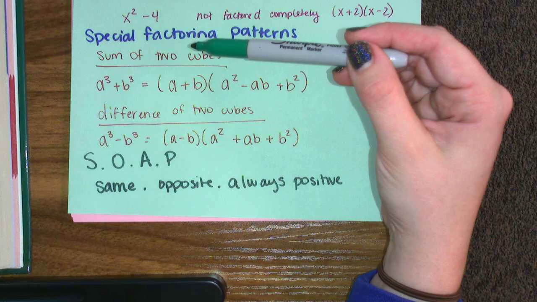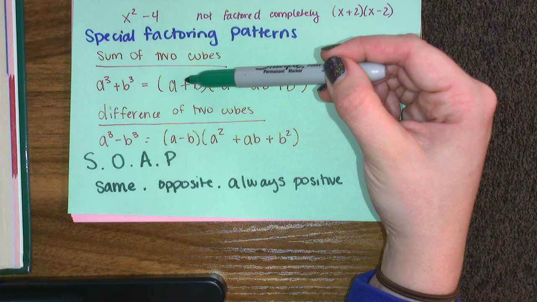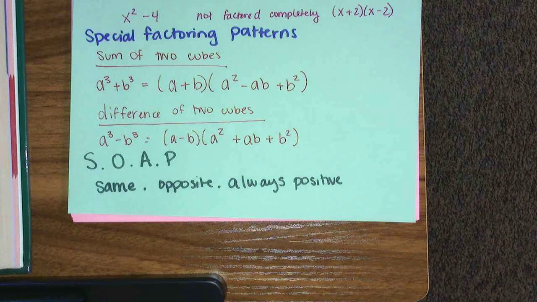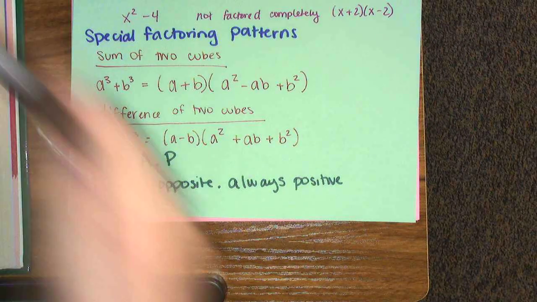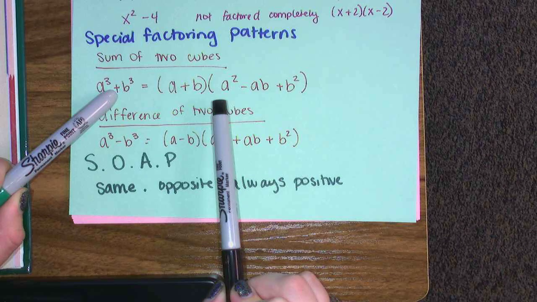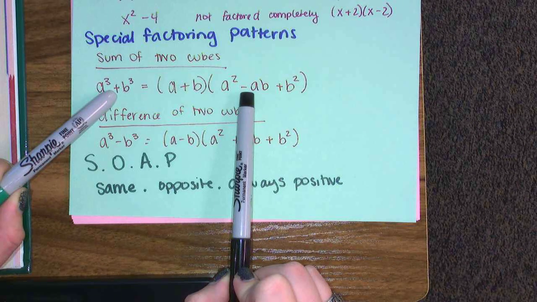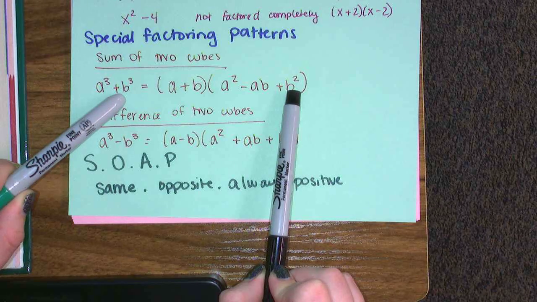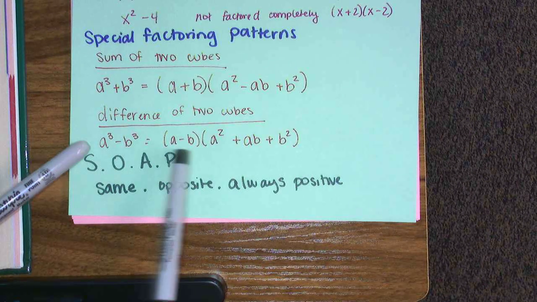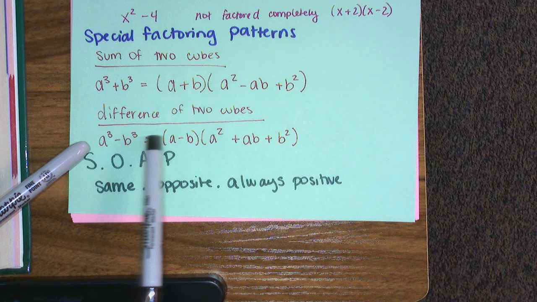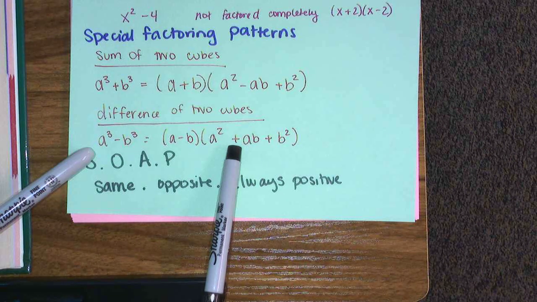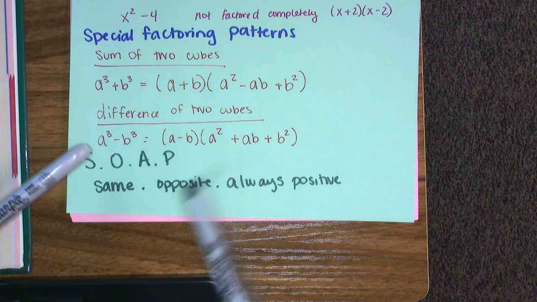So the first sign here is the same sign, so it's positive. And then the next one is opposite, so this one's minus ab, and then the last one is always positive. Then down here, this one was negative, so we start with the negative, then opposite, so it becomes positive, and then the last one is always positive.